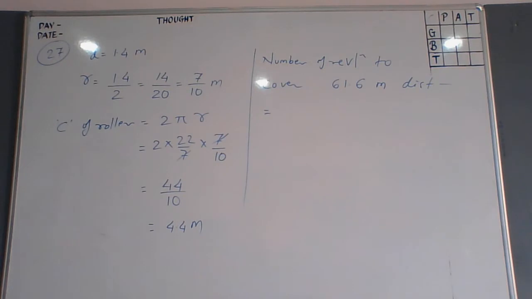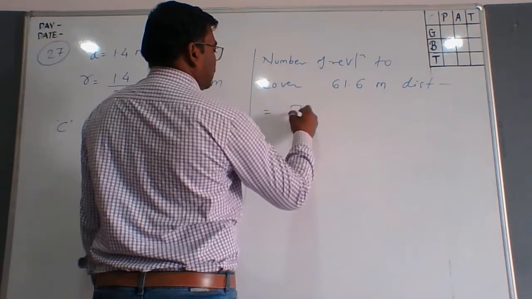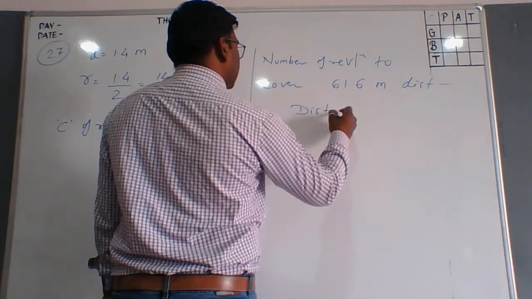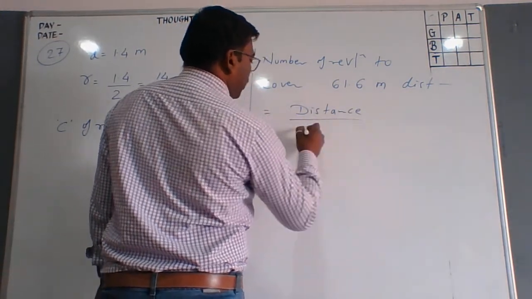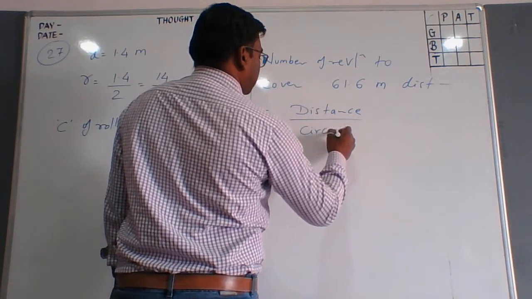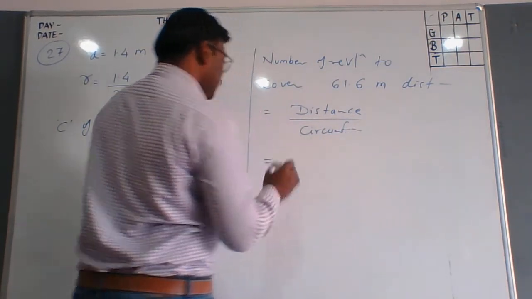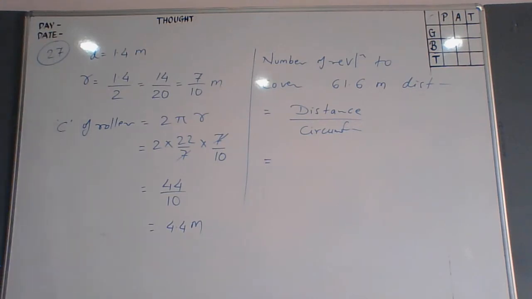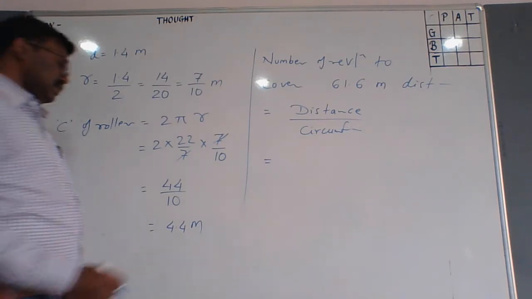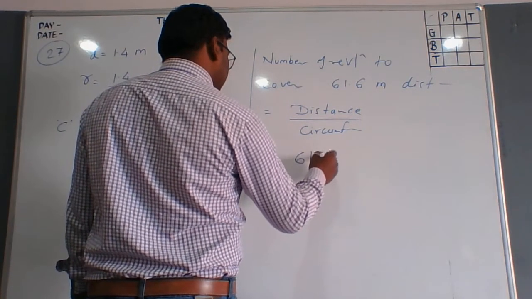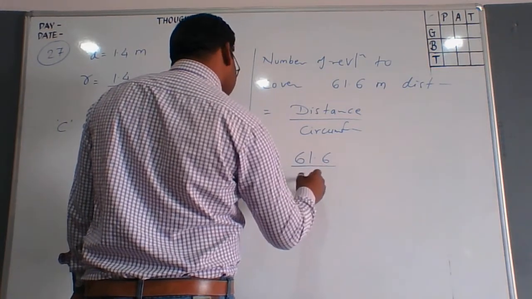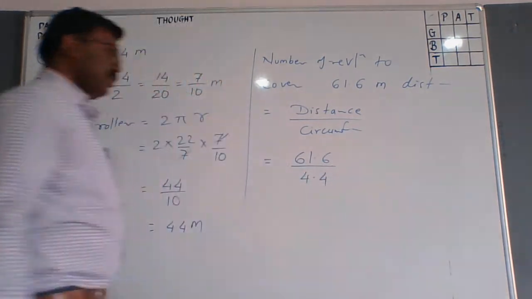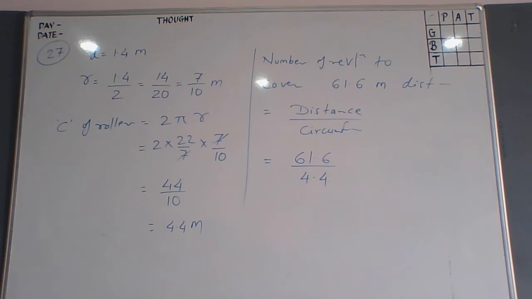So to find out the number of revolutions, the formula is distance upon circumference. So the distance is 61.6 and the circumference is 4.4.